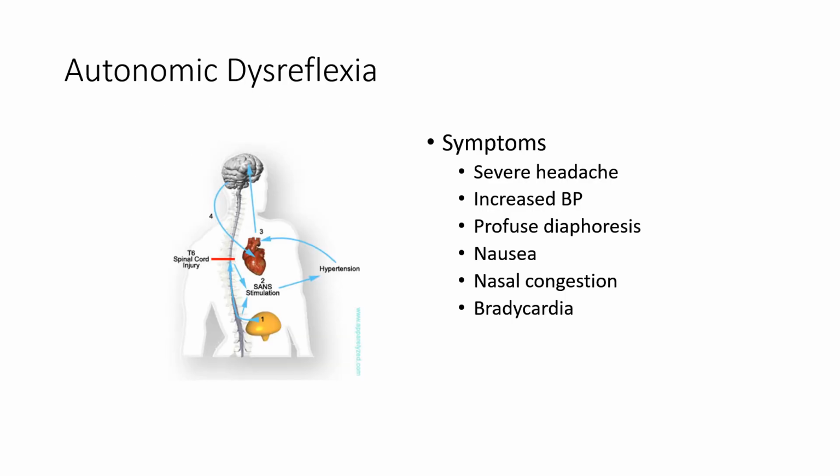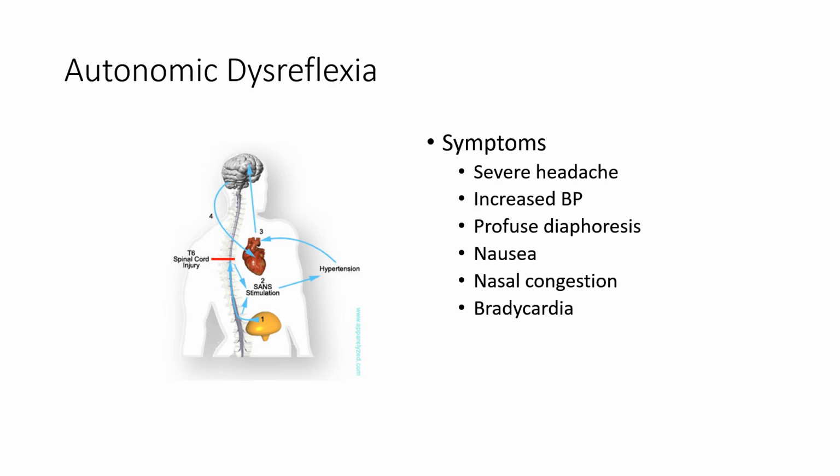Autonomic dysreflexia is a very severe complication, and it can occur even years after the patient has their spinal cord injury. It is an excessive, uncontrolled sympathetic nervous system output that is caused by some kind of noxious stimuli.